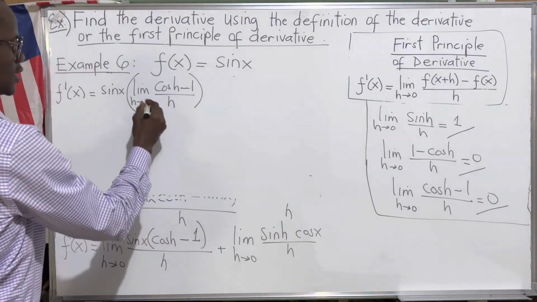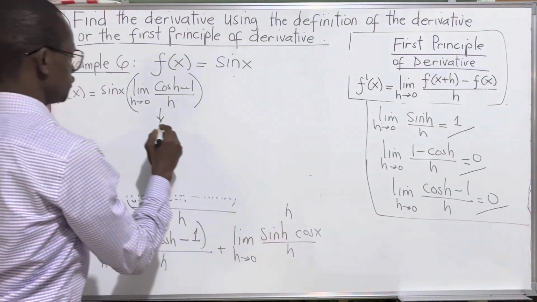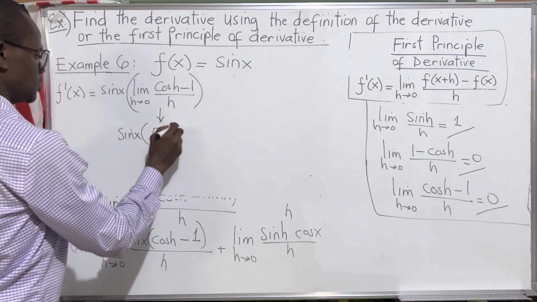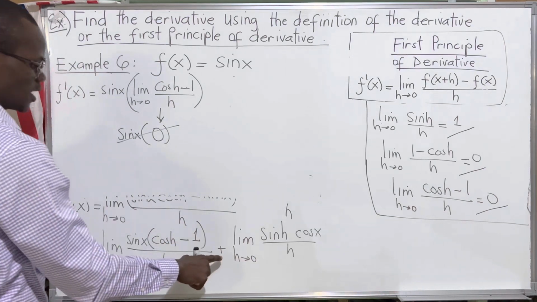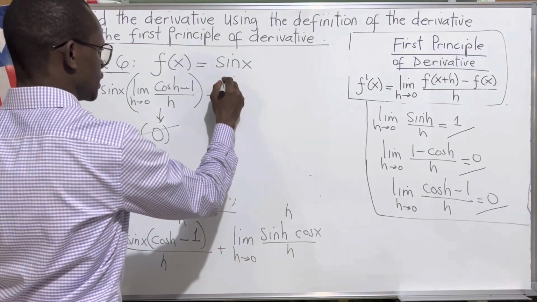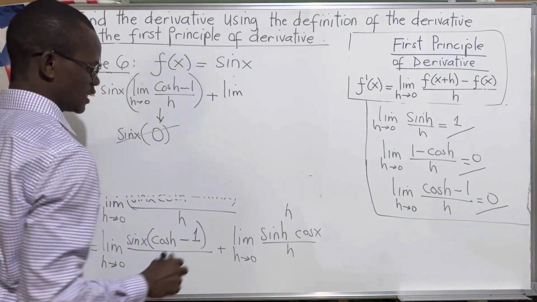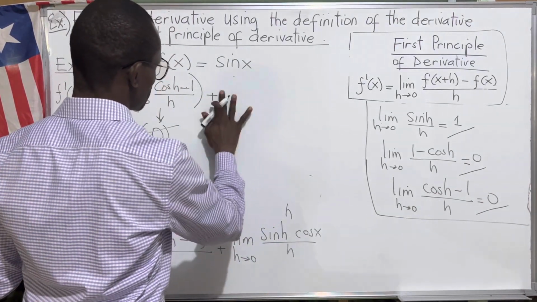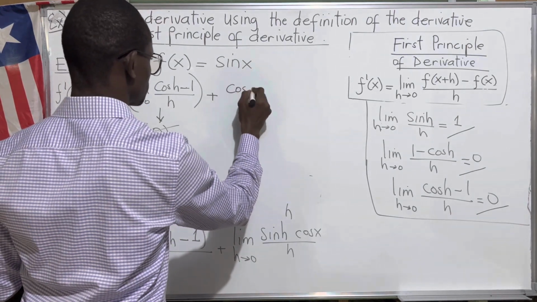So if we look there, this expression that we gave you is equal to 0. So sine of x times 0, this whole thing goes out, right? Plus the limit of, now also cos of x is a constant, so we can factor out cos of x.